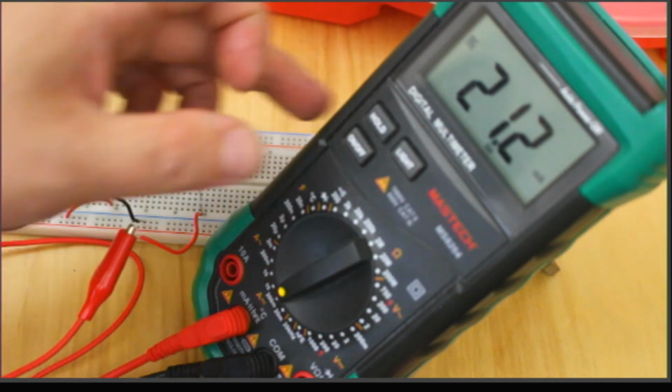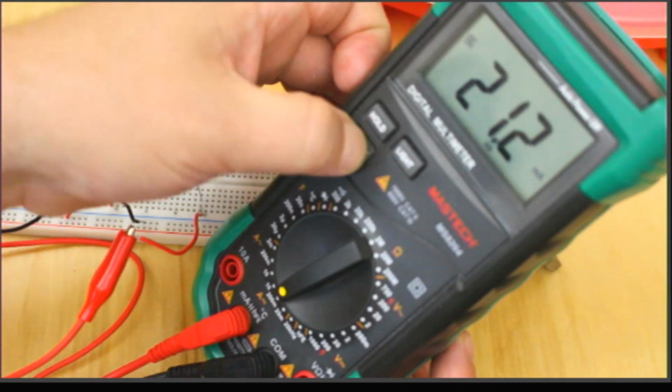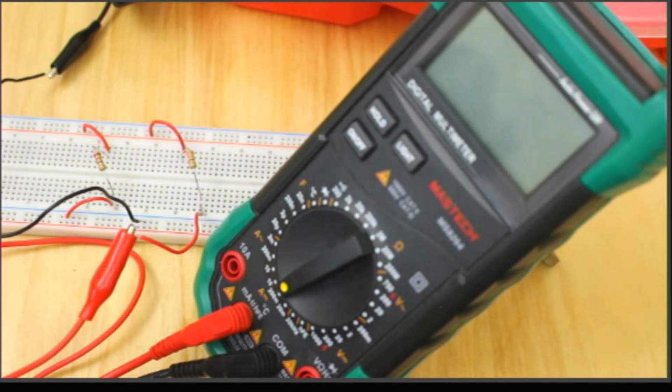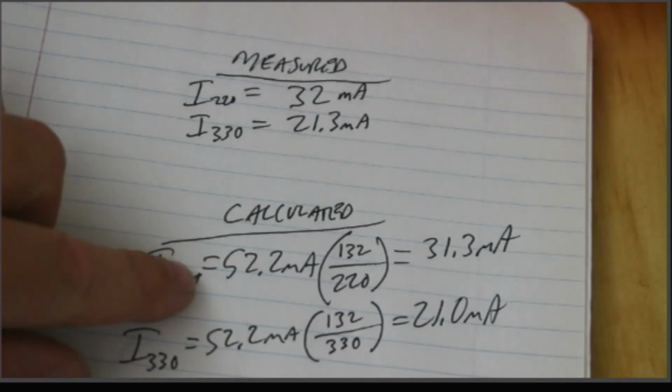All right, so I'm going to go ahead and turn this off, and I'm going to write this all out on paper, and then we can show if we still made good calculations here. Okay, and as you can see, I went ahead and redid the calculations here. So now I had a total circuit current of around 52 or 53 milliamps.